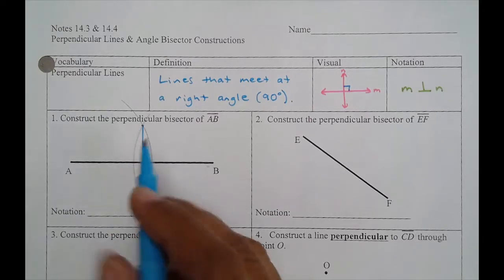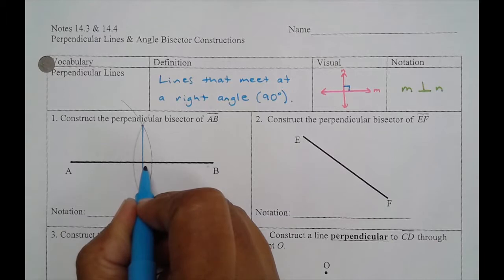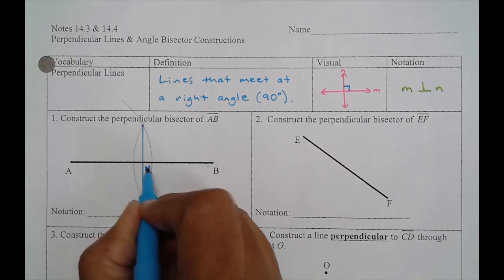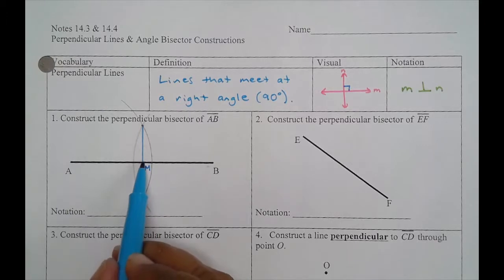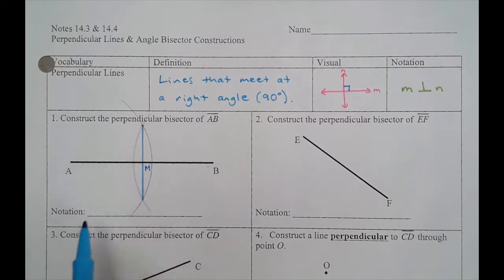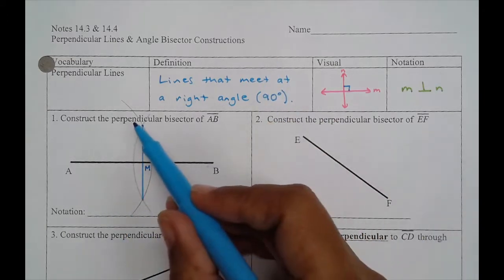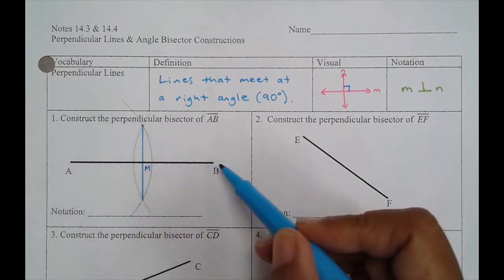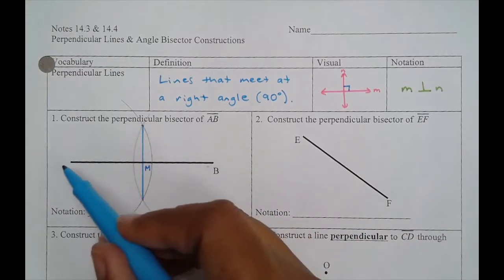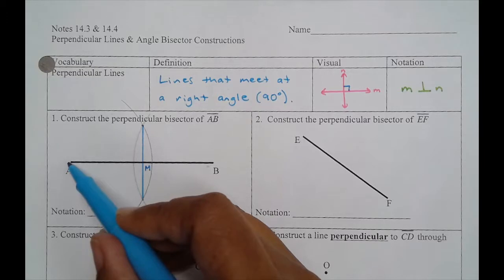Now, I'm going to go ahead and label this in the middle. I'm going to use the letter M because M sometimes stands for midpoint. So I'm going to go ahead and put that as M in the middle. That way, for this notation, I can go ahead and notate that that's right there in the middle. Now, since this is perpendicular, we have to say that this line is perpendicular to this line. Now, I need two letters to name a segment.